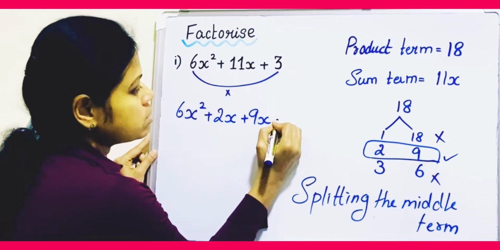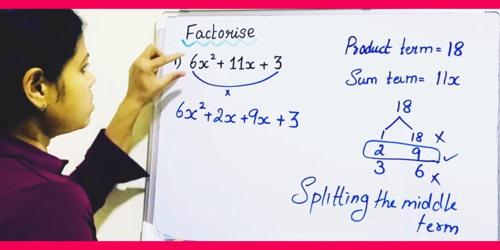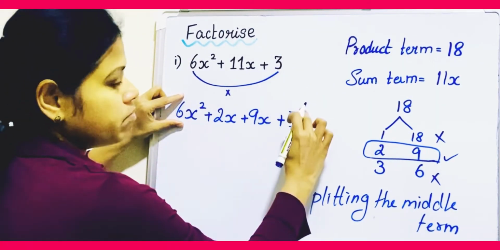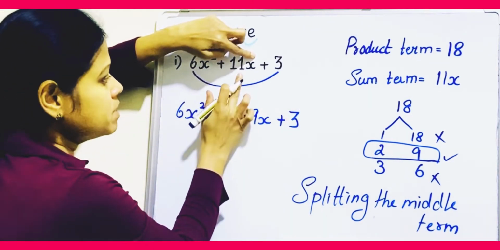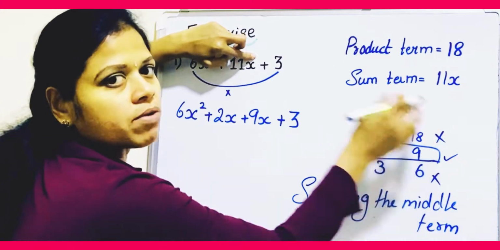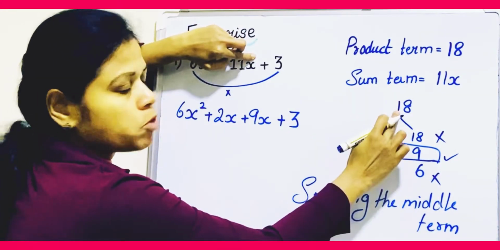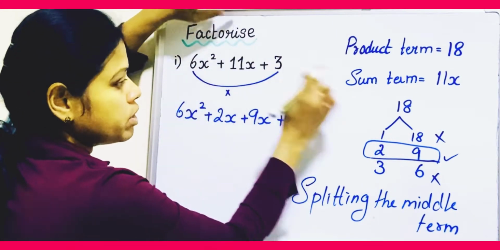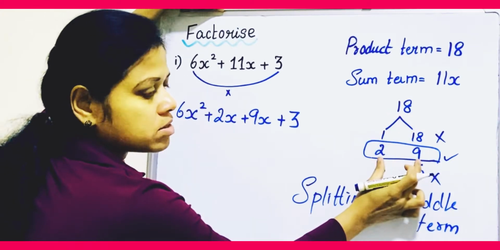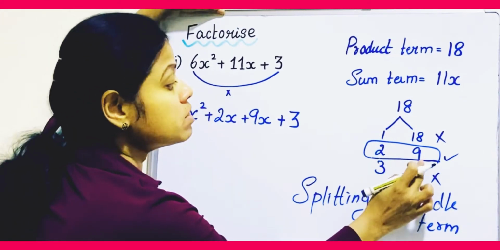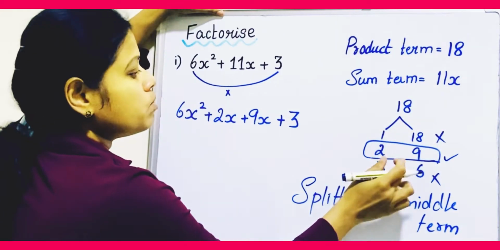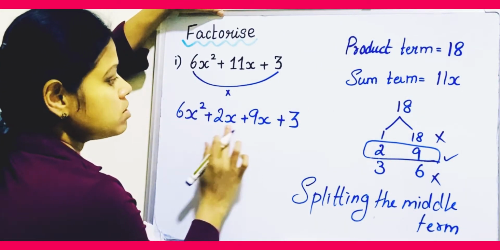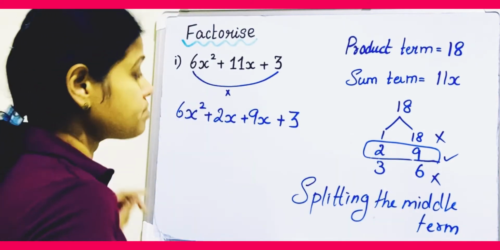Then the constant will remain the same. The x square term and the constant term will be the same. Only the middle term is split, with the help of the factors which we have identified. For this product term 18, we have identified the factors 2 and 9 whose sum is equal to the sum term 11x. So just split using these two factors, 2x plus 9x.